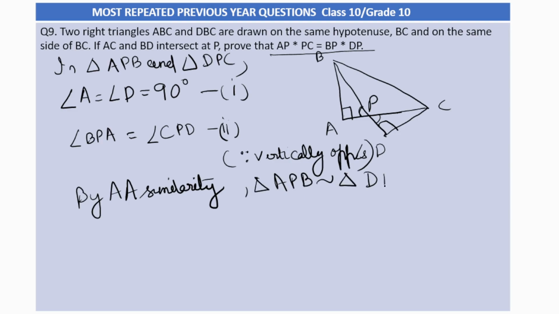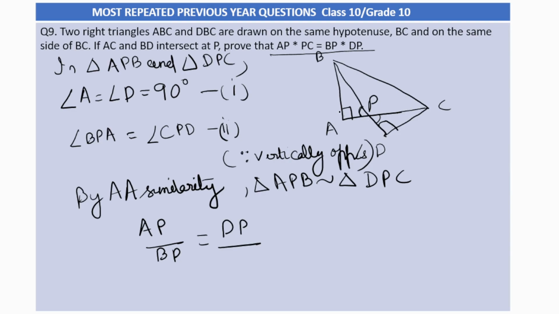So if they are similar, then we can write like this: AP by BP will be equal to DP by PC or CP, right?